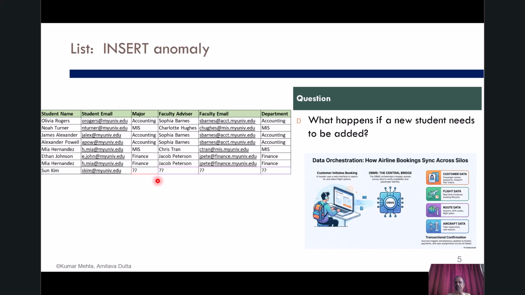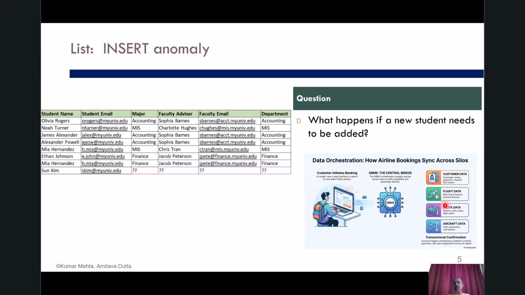We don't yet know their advisor, and it would be hard to add this information. In other words, it's difficult to add the new student until we also know their advisor. Okay, this is technically what is called an insert anomaly. The reason that arises from time to time is that you don't have all the information that you need in order to add that particular record into the database.